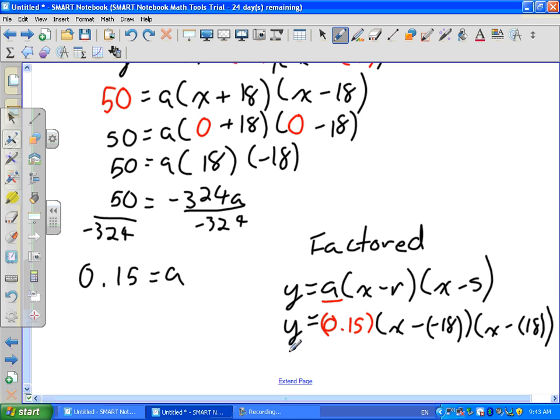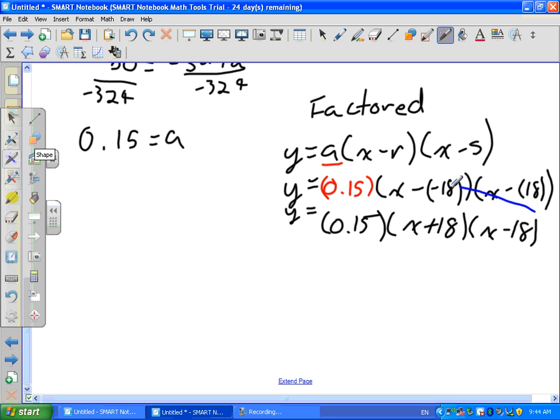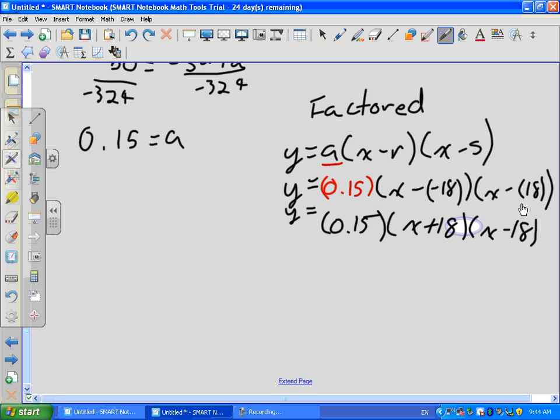We expand and simplify. 0.15, X plus 18, X minus 18. Like we said before, this goes back to our last chapter. I have my 2 brackets. I'm going to FOIL these 2 right here.